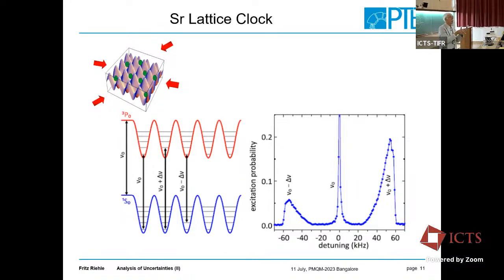Neutral atoms or single ions? And I said, look at PTB. PTB operates both because we cannot decide at that time which one is the best one. If we cut off one, it might be the case that this will be the future clock and vice versa.